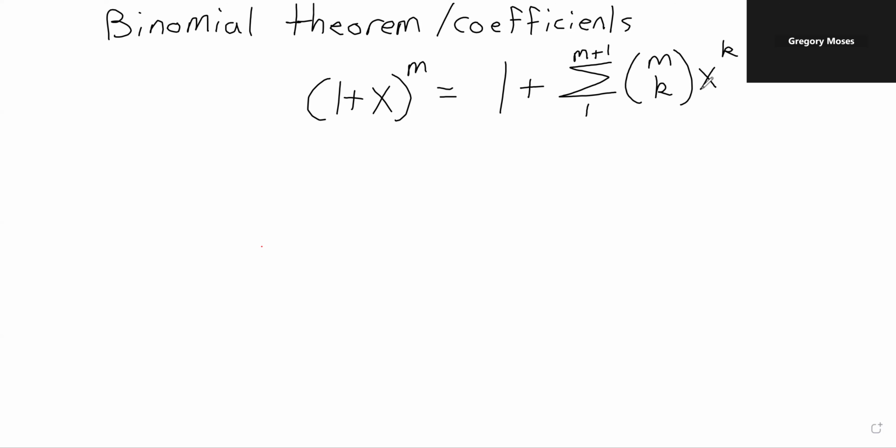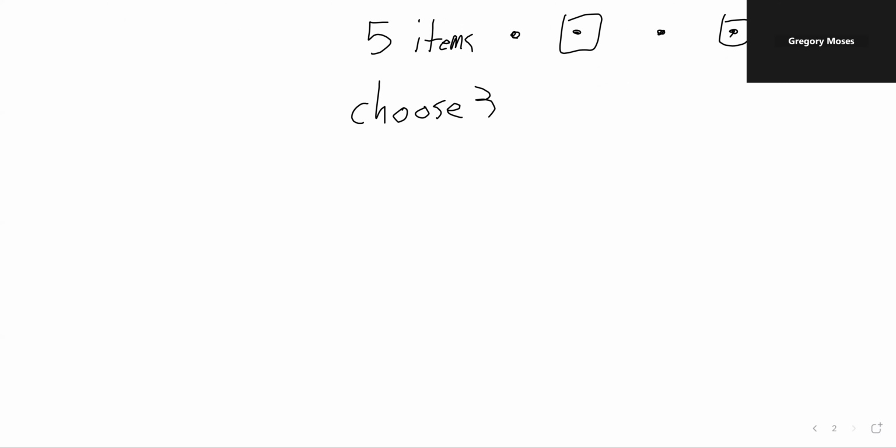It's called that because if we have a group of, say, 5 items, and we want to choose 3 of them, and it doesn't matter which order we do that in, then there are 5 choose 3 ways of doing that. So that's where that terminology comes from.